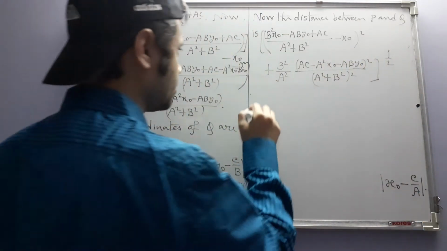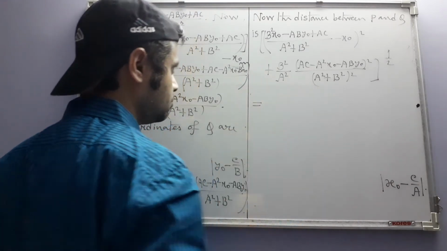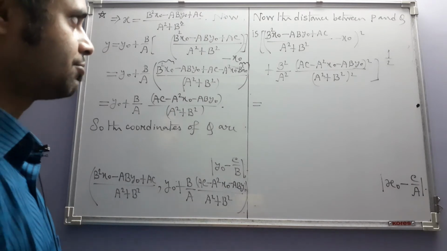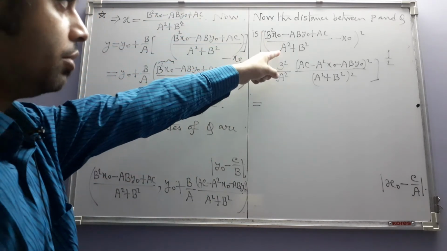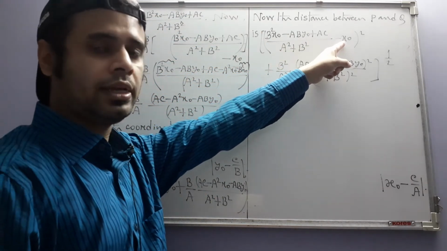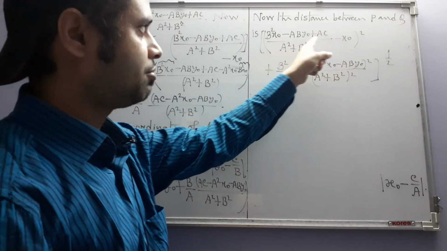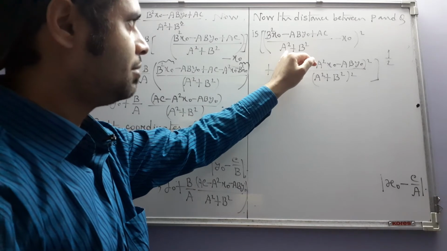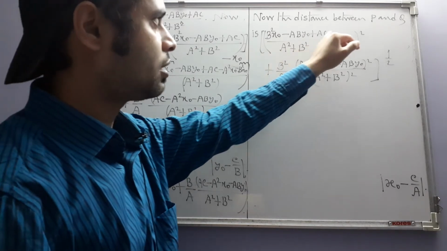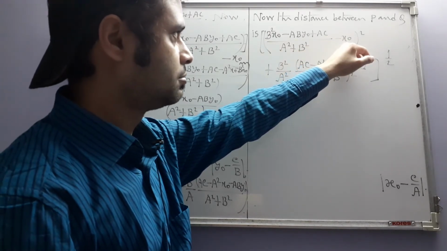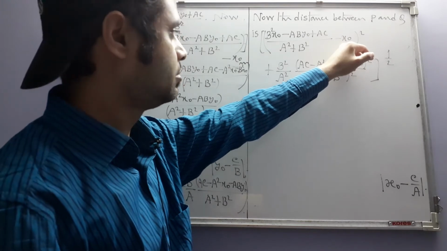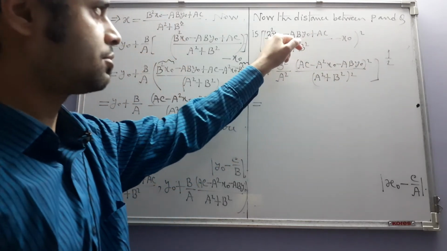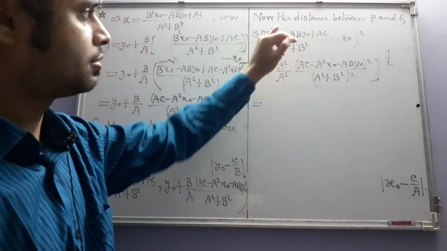Now it's time for simplification, where we have to skip some steps in order to save space. After taking the LCM and simplifying this expression, we will be left with a square x naught, with the minus sign, and minus b square x naught plus b square x naught, they will vanish.